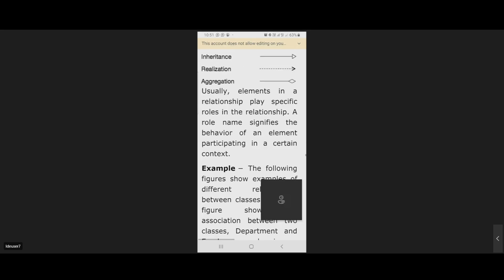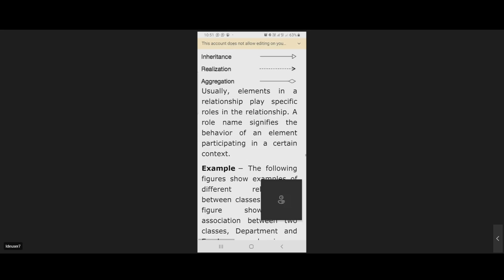The elements in a relationship play specific roles in the relationship. A role name signifies the behavior of an element participating in a certain context. The next figure shows the relationship. Based on the symbol we can say one to one or many to many.